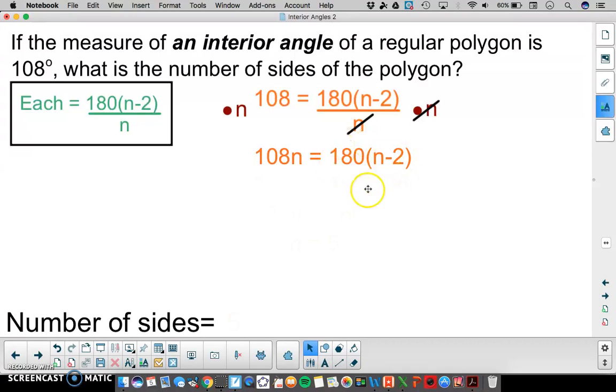Now I'm going to distribute that 180 and get 108n equals 180n minus 360. I'm going to add 360 to both sides and subtract 108n and get 72n equals 360. Then divide by 72, so n will be 5. So the number of sides is 5, therefore it's a pentagon that has an interior angle measure of 108 degrees.